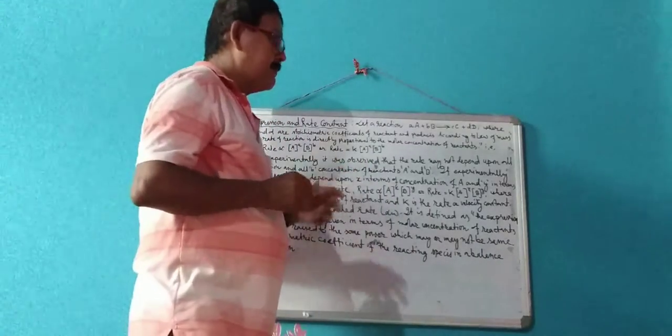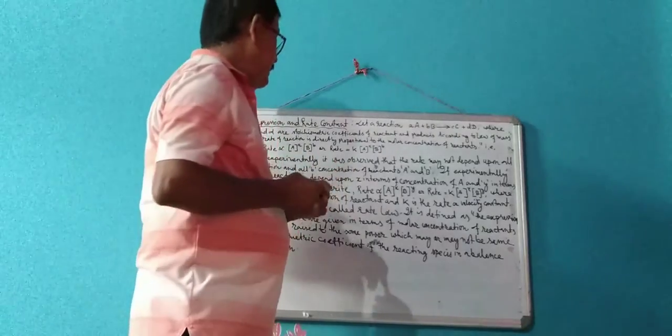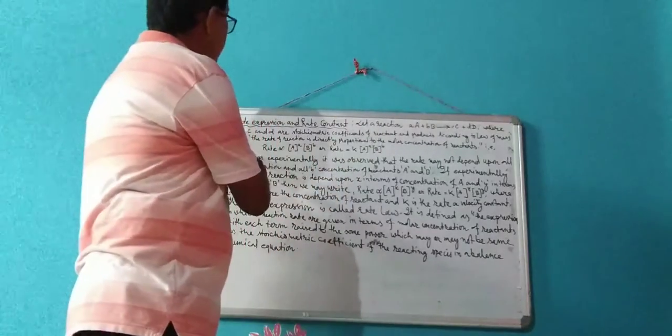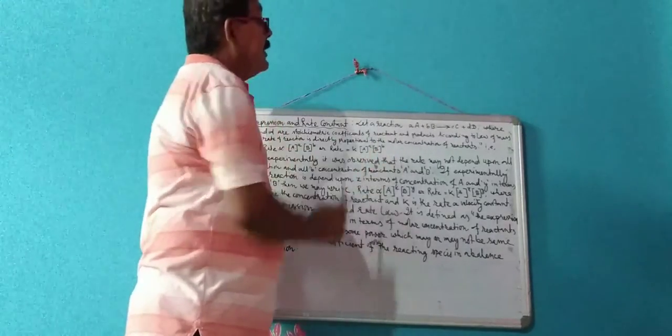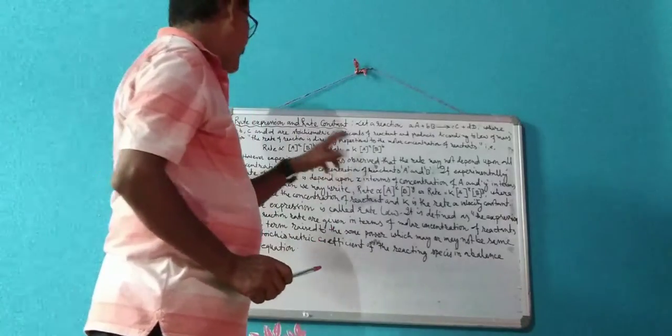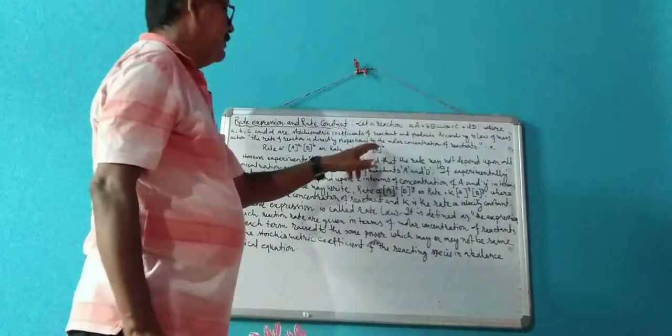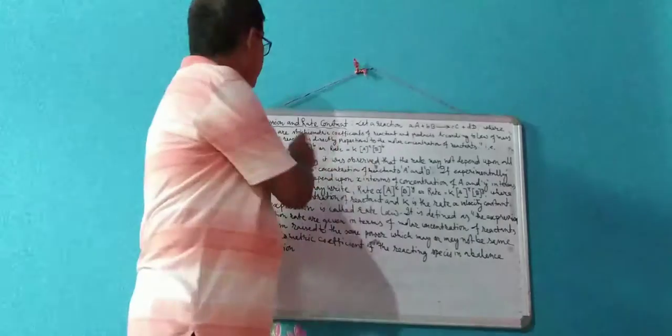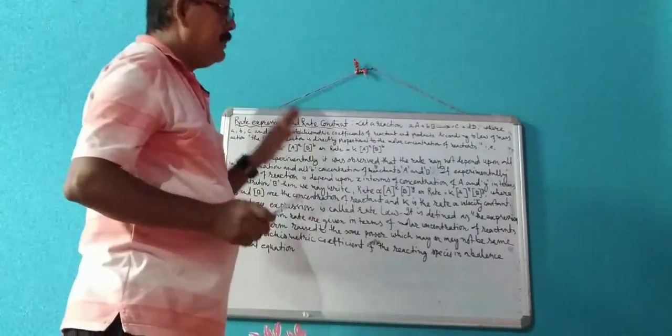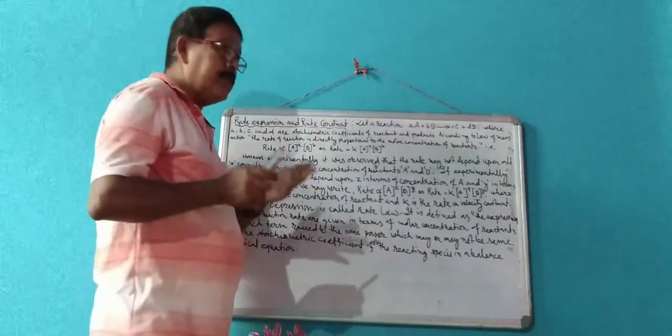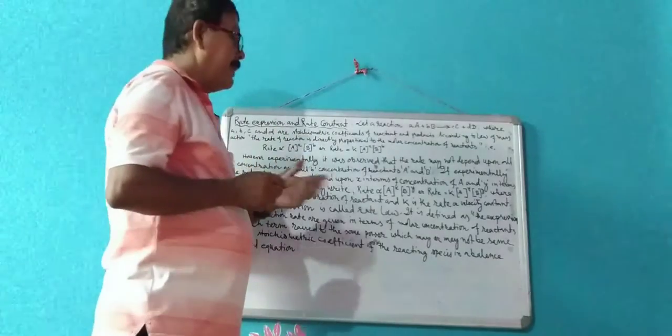However, experimentally it was observed that the rate may or may not depend upon the concentrations of A and B raised to small a and small b. From where do we come to know? We have come to know from experiments.